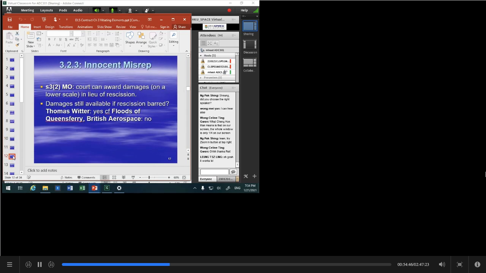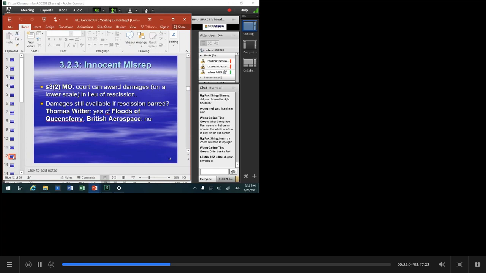He still has made a misrepresentation, but he's an innocent misrepresentor. And so section 3 sub 2 does give scope for the court to award damages, albeit on a lower scale than under section 3 sub 1.